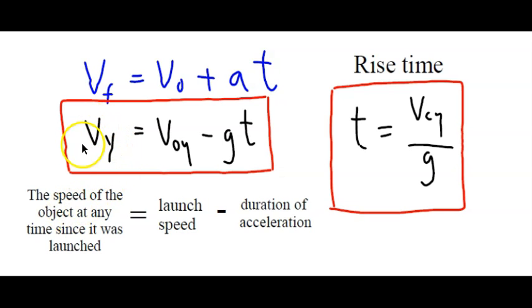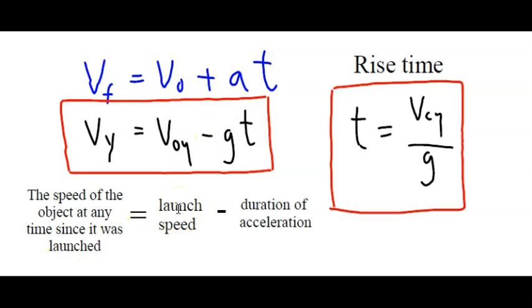This says that the speed of the object at any time since it was launched, that is what the v final y is, equals the initial launch speed minus the speed that it loses from decelerating or accelerating against gravity. An object thrown into the air does not get faster and faster, which is what a plus sign would imply, but gets slower and slower as it moves against gravity.